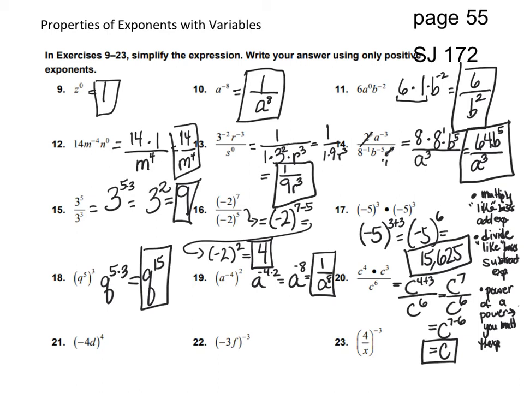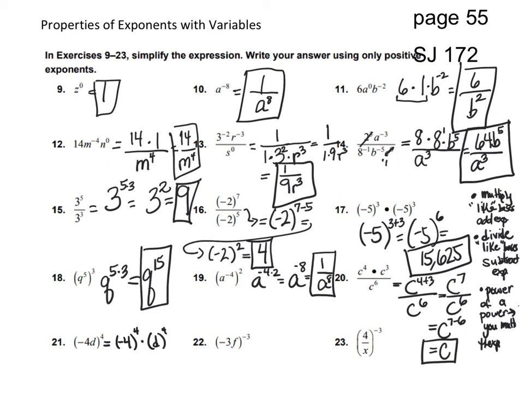For number 21, this is called power of a product. For your power of a product, you're going to make sure that each thing inside the parentheses gets this exponent of 4. Negative 4 will be raised to the 4th power, and d will also be raised to the 4th power.